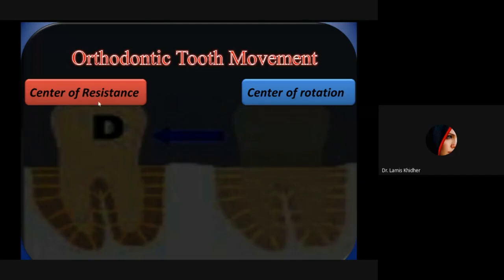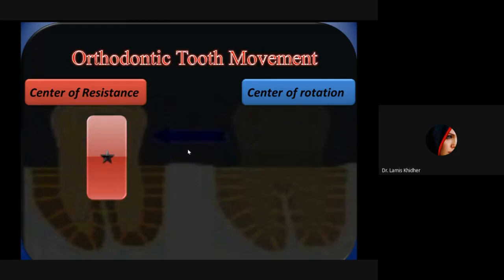In physics, the center of resistance means the point on the mass of a free body at which, if the line of force applied to this mass passes through this point, the body will move in a linear movement as a whole without any rotation.